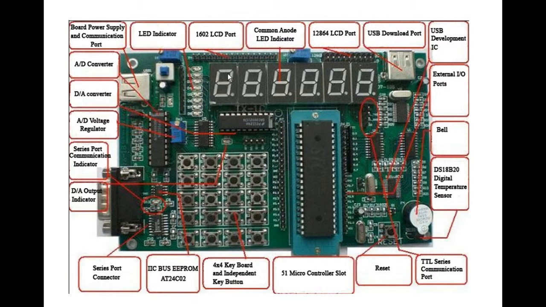Just on the right hand side there are 1, 2, 3, 4, 5, 6 LED tube indicators. I think this is a very common component applied in the industrial field, as a lot of pressure, temperature, current, voltage, and frequency indications are based on this kind of thing. The LED tube has 8 sections, or 8 segments.